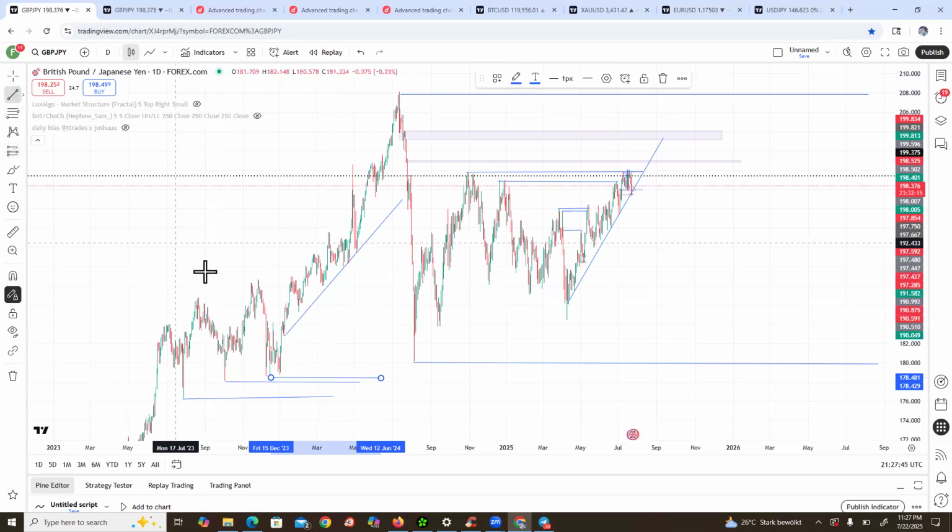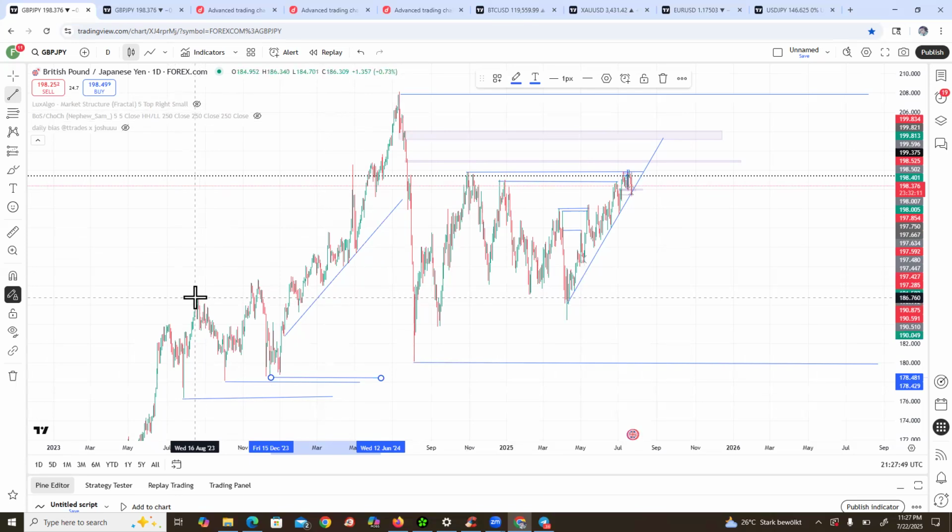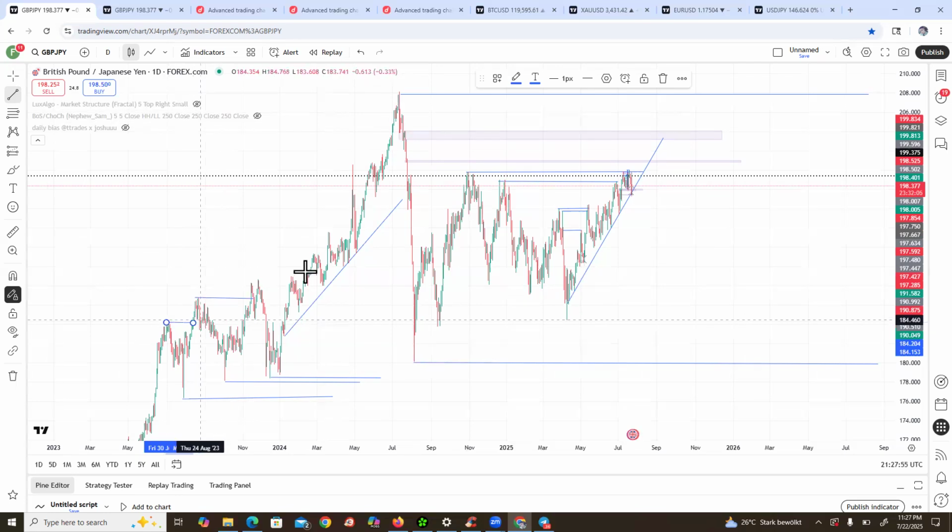Now you see this thing keep breaking the higher high. It keeps breaking from here. It keeps breaking higher high, higher high. They all keep breaking. So now from here, this trade started forming a series of higher high, higher low, higher high.